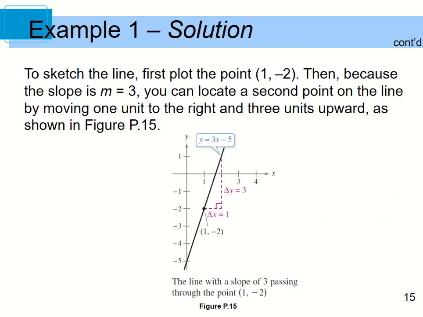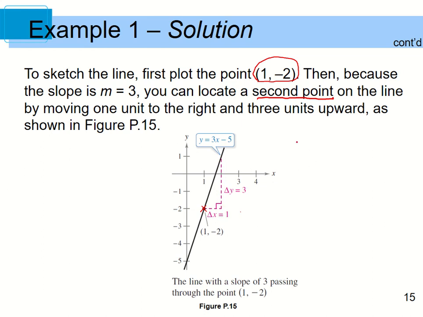Now, when we want to sketch the line, first we have this point, (1, -2). So we are going to plot the point first. The (1, -2) is here. So we plot the point 1 and negative 2. And then, because the slope is 3, we can locate the second point. We can find another point on the line by moving 1 unit of x and 3 units of y.